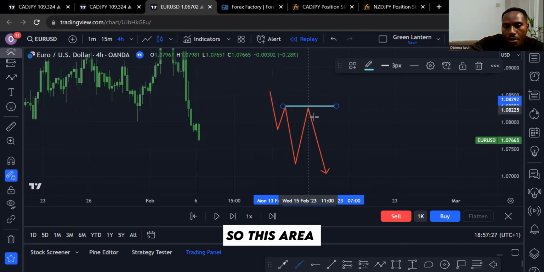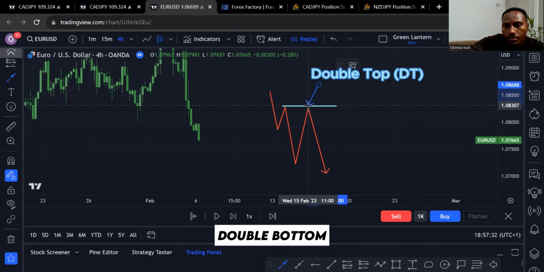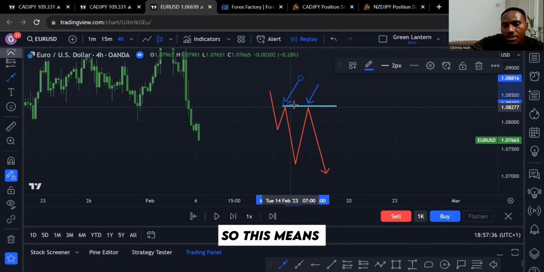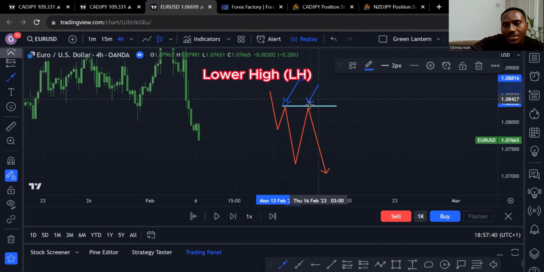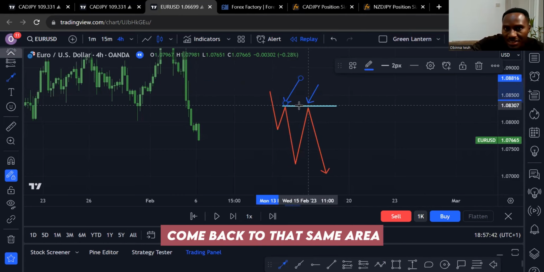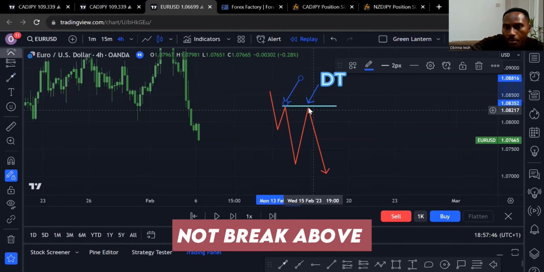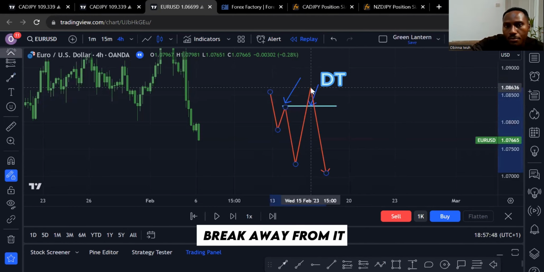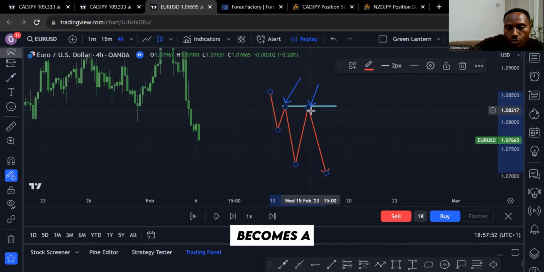This means price needs to make a lower high first, then come back to that same area that has been respected in history. Price does not break above it or break away from it, it respects that area. That place becomes a double top pattern.